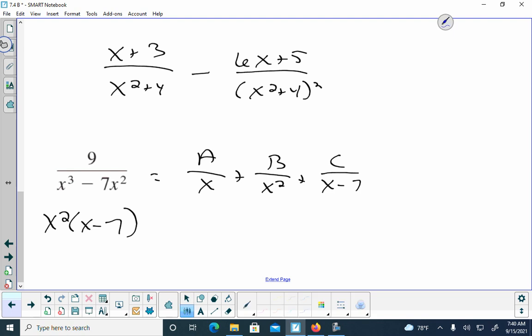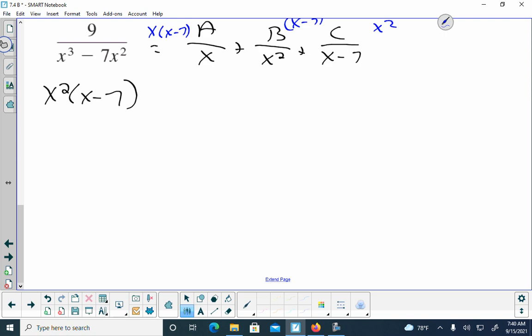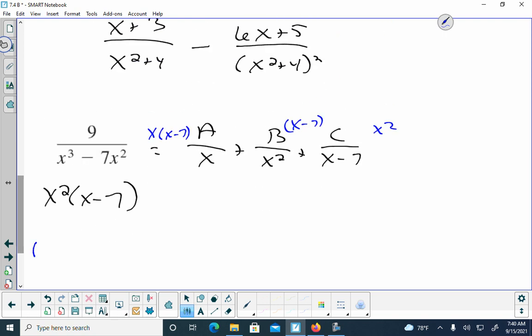Now when I go to multiply, I'm going to multiply this by x times x minus 7, this by x minus 7, and this by x squared. So I don't have anything that's squared or linear, so I'm going to think of it as 0x squared plus 0x plus 9 is equal to ax squared minus 7ax plus bx minus 7b plus cx squared.